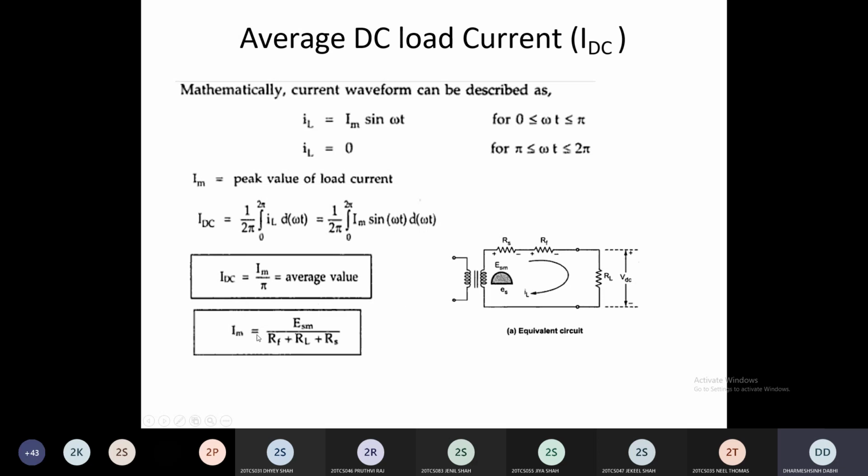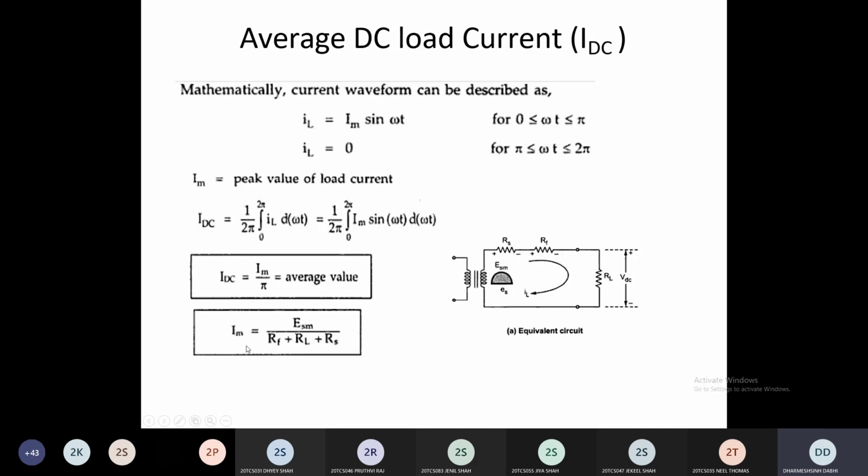Now if you want to derive the equation of Im, the maximum current flowing into the load circuit, it is the peak of the secondary supply voltage Esm divided by the resistance of the circuit. In this circuit there are 3 resistances, all connected in series: Rs, the secondary winding resistance, Rf, the diode resistance during conduction, and RL, the load resistance.